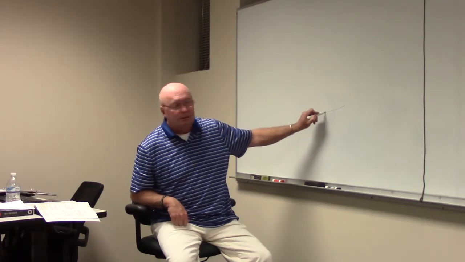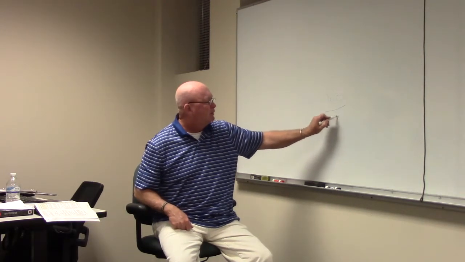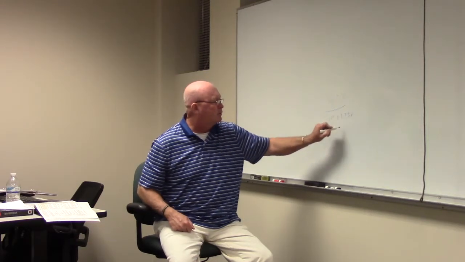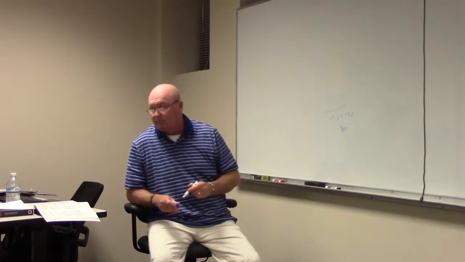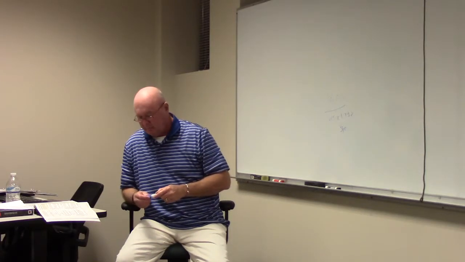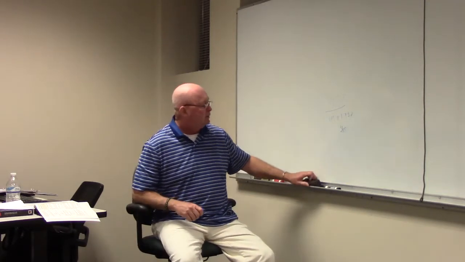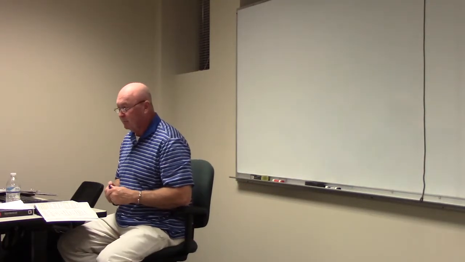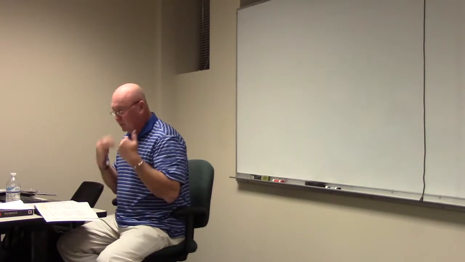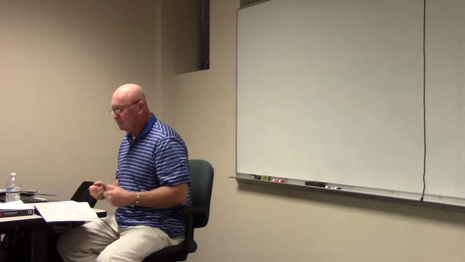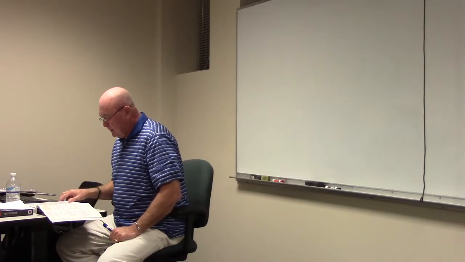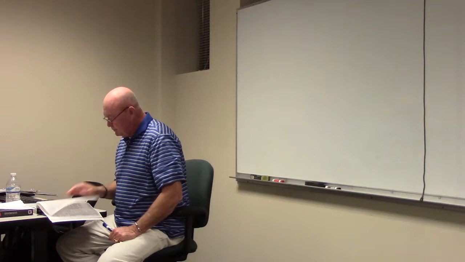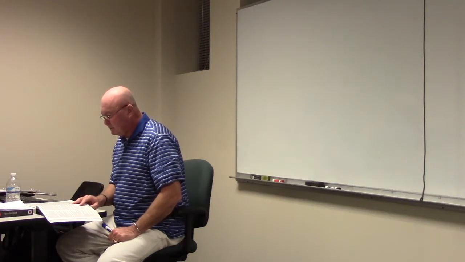Let's write it out: 1.732 times 208, which is 360. Understand that? Know how to do that. If I give you a VA and a three-phase service, whether it's 480 or 208, you multiply the voltage by 1.732.